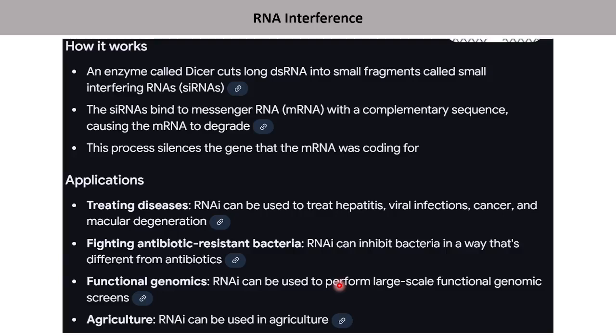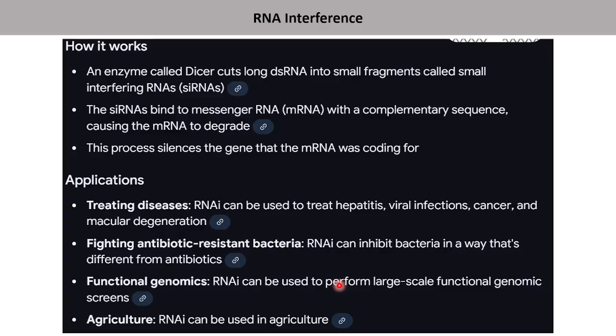It can also be used for fighting antibiotic resistant bacteria, in a way which is very different to the way antibiotics work. If you are interested in reading, there was also one of the vaccines for COVID-19 which was developed using RNAi techniques. If you are interested, you can go ahead and read about that.